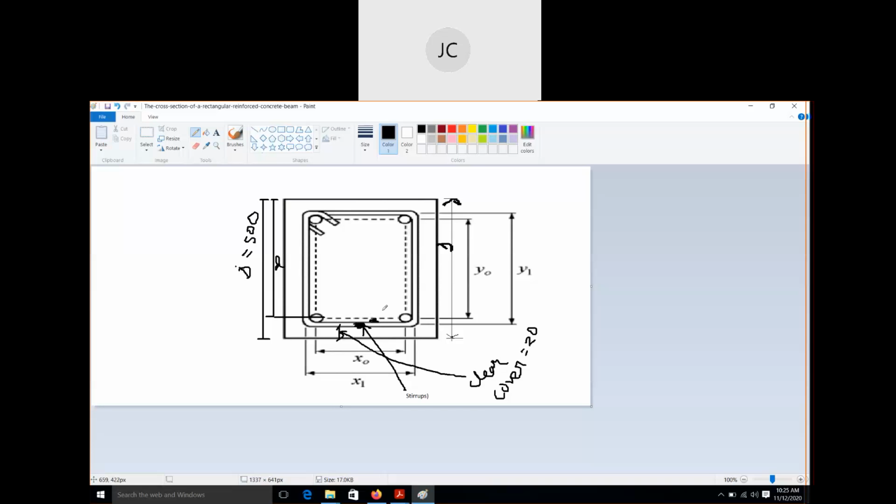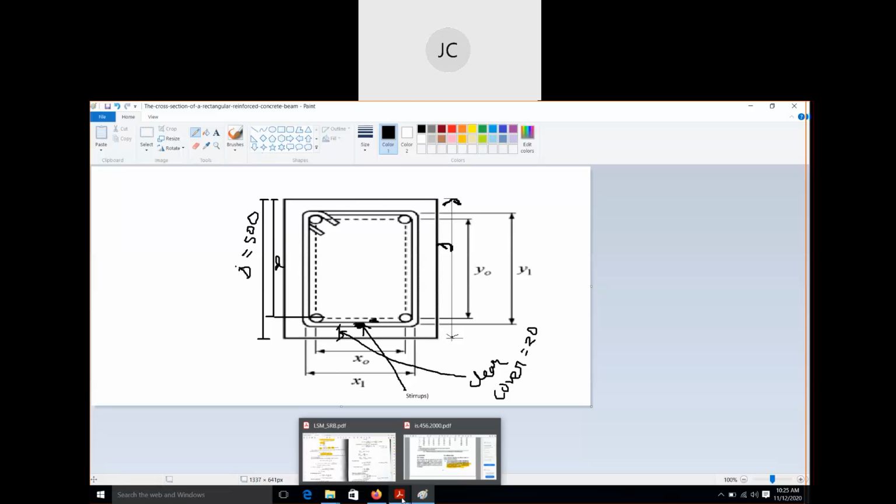Okay. So now can you understand now? To find out the effective depth, we have to deduct total depth minus clear cover minus the diameter of stirrup minus half of the diameter of main bar. Do you understand now?